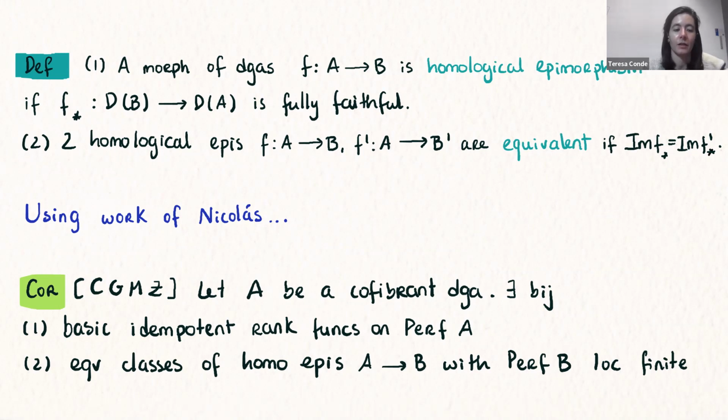So we also get an extension on the side of DG algebras of the result of Chuang and Lazarev. And yeah, I think this is all I wanted to say.